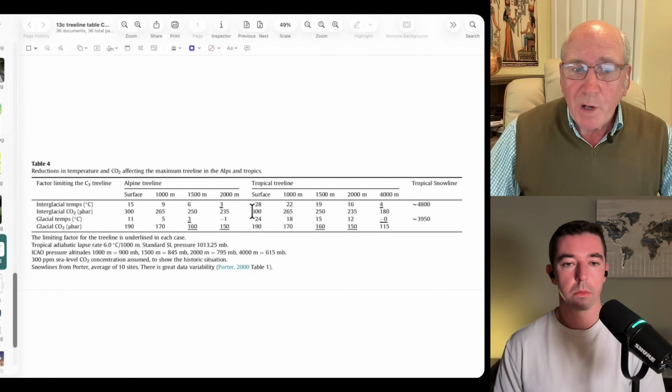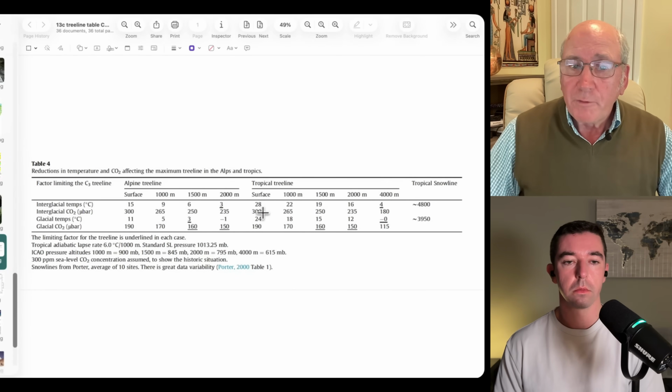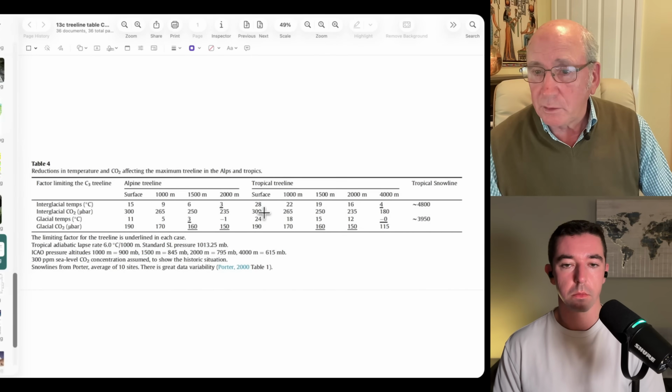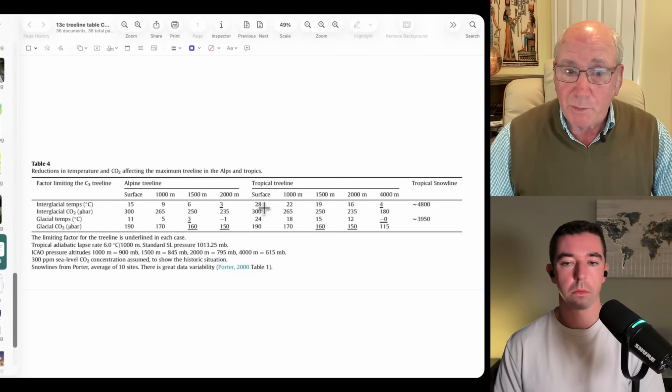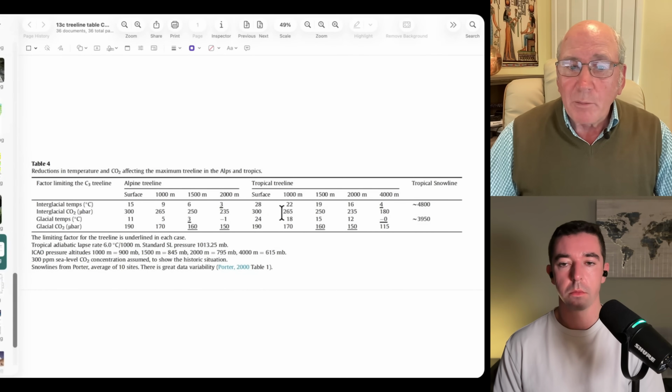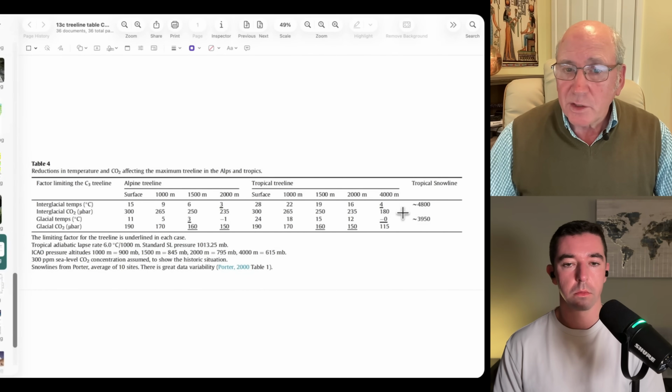This is the partial pressure of CO2 from the pre-industrial level of CO2, which is about 300 parts per million, going up the mountainside in terms of partial pressure.